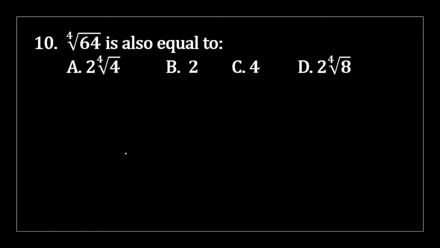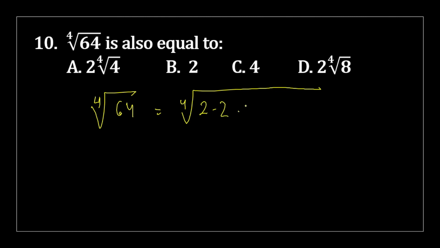Number 10. The fourth root of 64 is also equal to. So again, the fourth root of 64. Let's factor out 64. The prime factorization of 64 is 2 times 2 is 4, times 2 is 8, times 2 is 16, times 2 is 32, times 2 is 64.